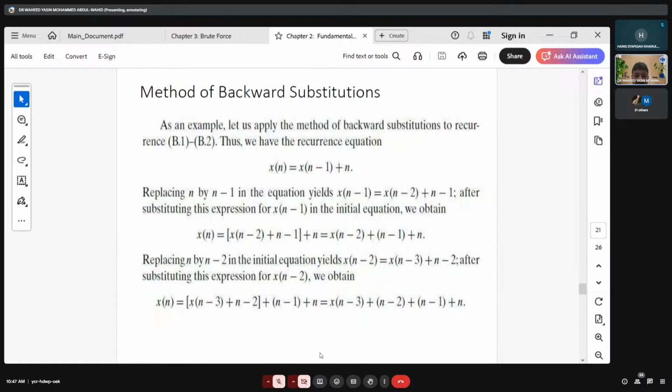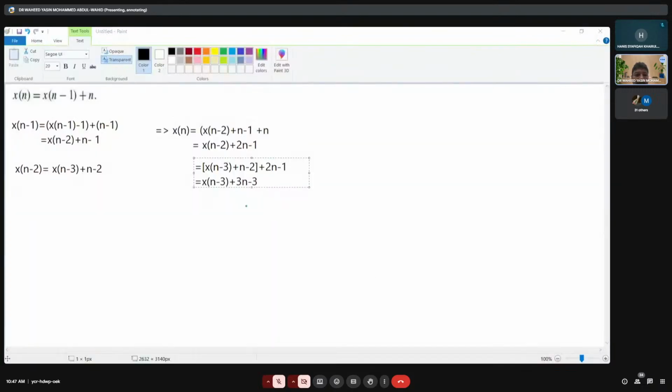Again, I will solve it according to the formula here to get the pattern. Let me share the screen to get the pattern like we did here. You need the pattern. Okay? Yes?